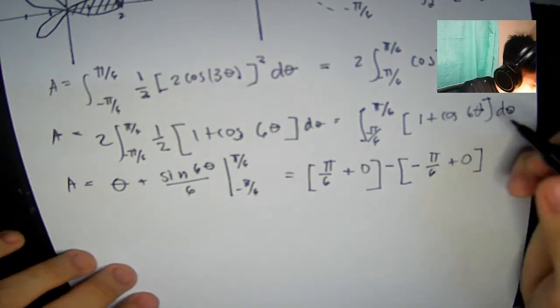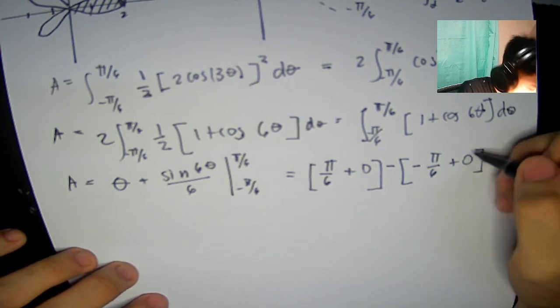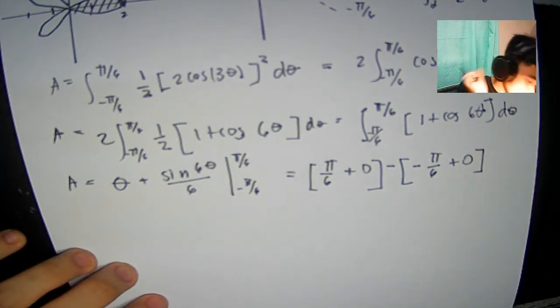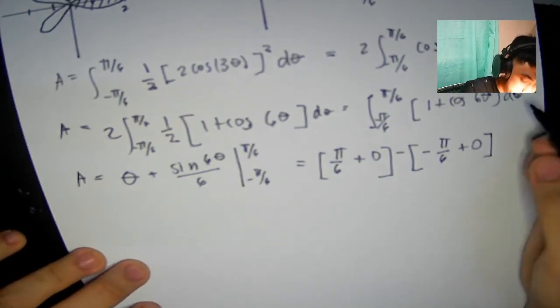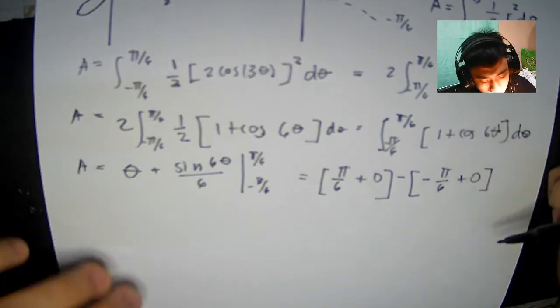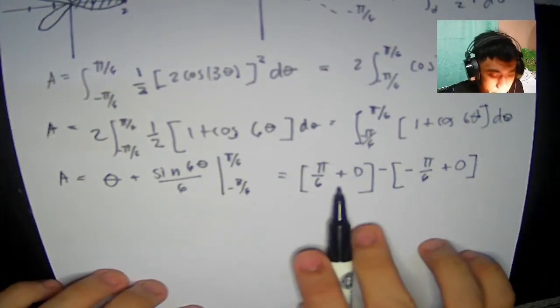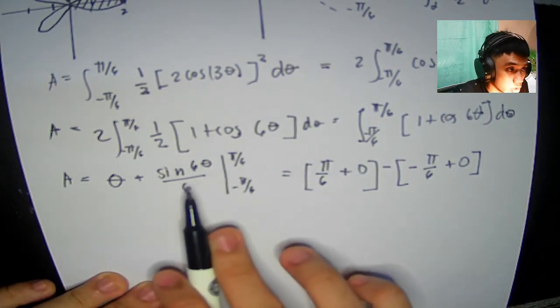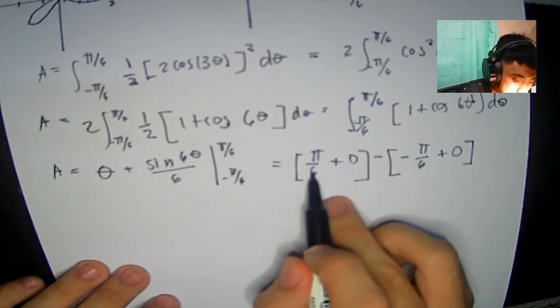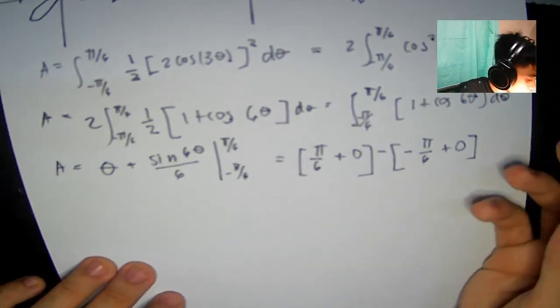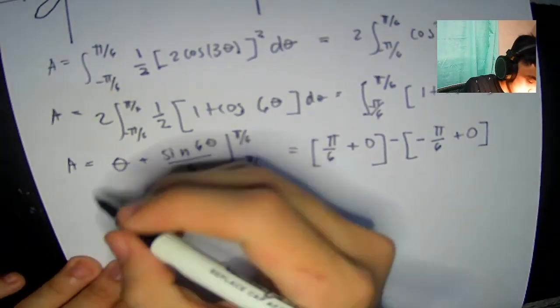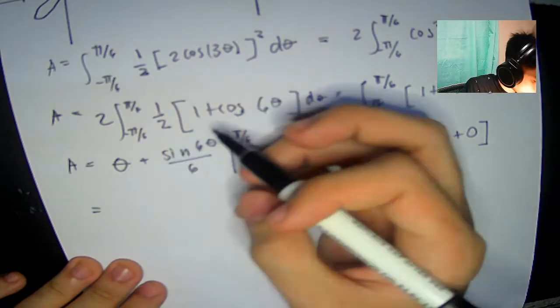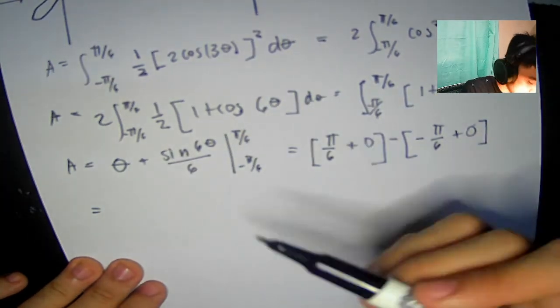It's really 0, sorry. So what we substituted here is our range into this function. So we'll have positive pi over 6 and negative pi over 6, so we can equate that into this, disregard this.